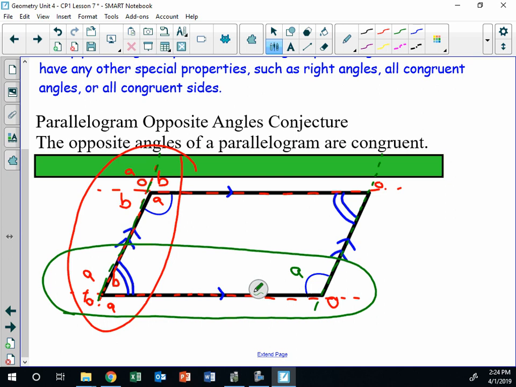Now we can see that the A's are congruent to each other. We can transfer over the B, and then based on alternate interior angles, we can see that those two angles are congruent to each other. So using the idea of parallel lines and transversals with what we know about angle measures in parallel lines, we can help prove this conjecture and show that it works.